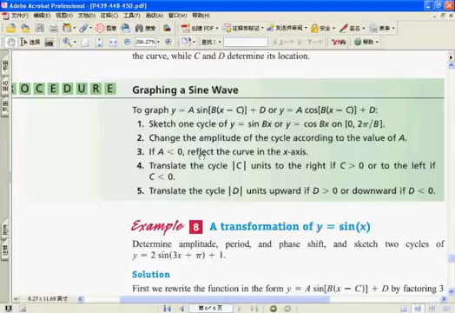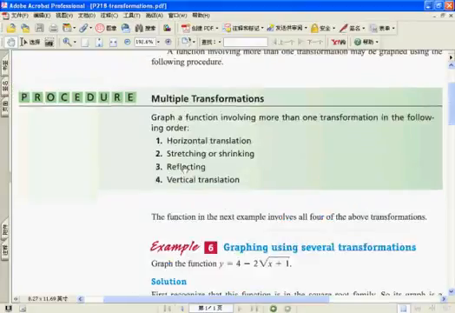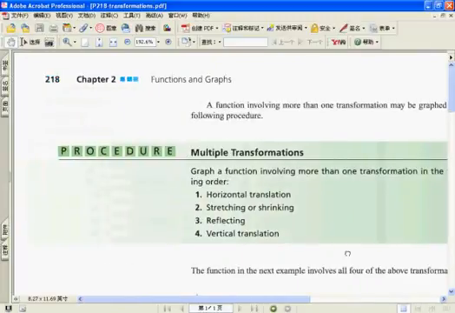And then we reflect this graph about the x-axis. Now let's come back here. Then step 3, reflecting. Then the last step, do the vertical translation. So this is the material on page 218, and you can go back to review chapter 2 in the Math 135 part of this book.